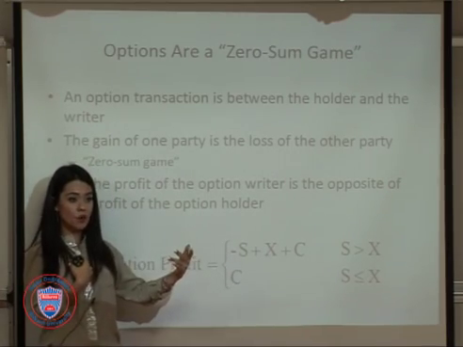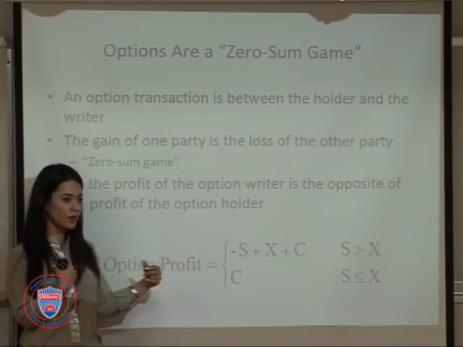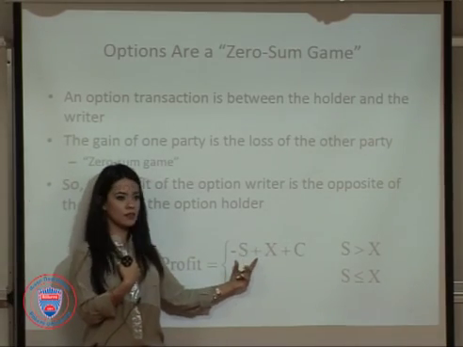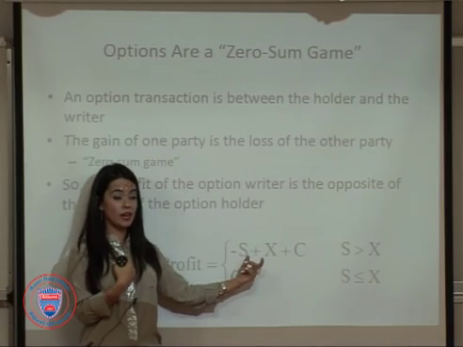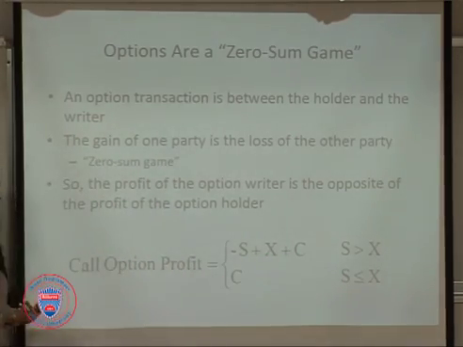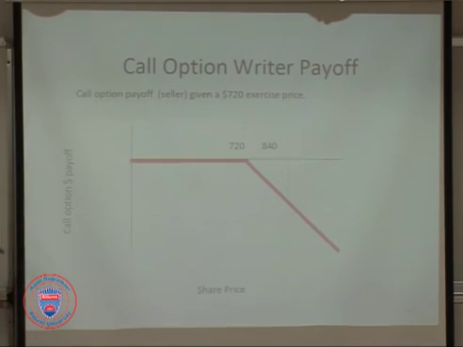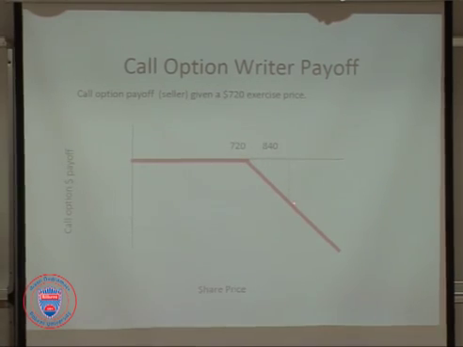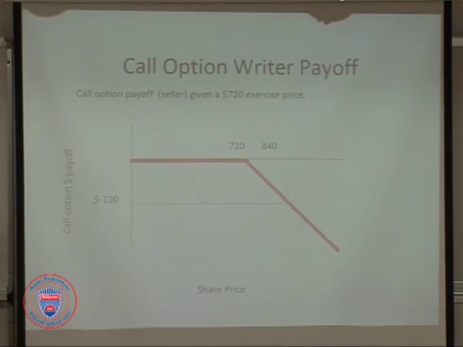When you exercise the option, my profit will be the difference between the strike price and the stock price. Plus, again, I'm getting the money from you. So this time, the diagram will look like this. So it is the same one. 720 is the strike price. Stock price is 840. $20 was the price you paid for the option.